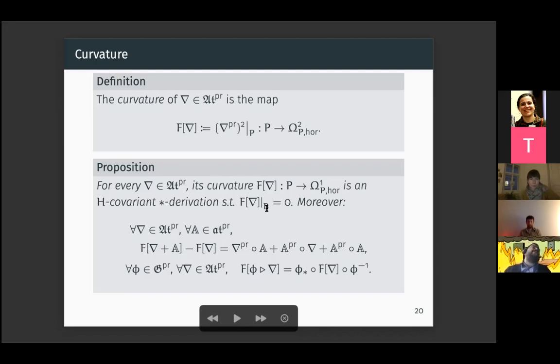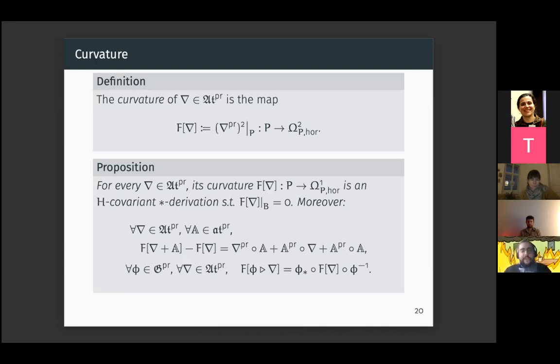So morally, you expect it to be some sort of vertical first order differential operator. And moreover, if you think of the curvature as a map on this affine space of prolongable gauge potentials, it's an affine quadratic map, and it's equivariant with respect to the gauge, with respect to the suitable subgroup of the gauge group. So everything is nice. Everything works out exactly as you expect.